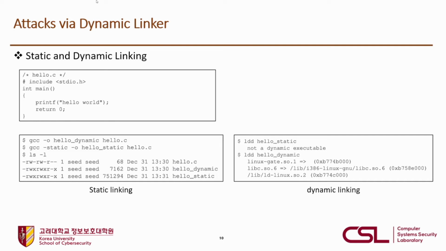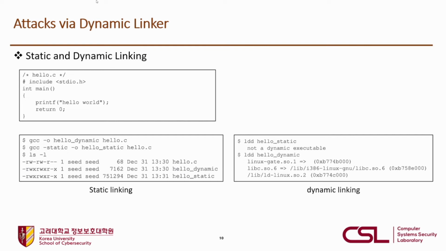On the other hand, if you compile without the -static argument to GCC, dynamic linking is performed by default. Dynamic linking is a method in which the libraries used in the program are not copied during compilation.